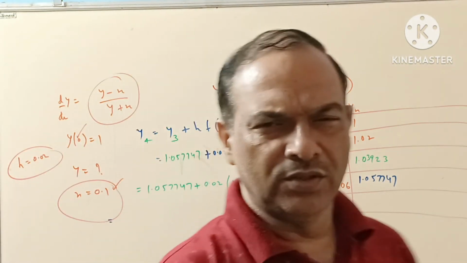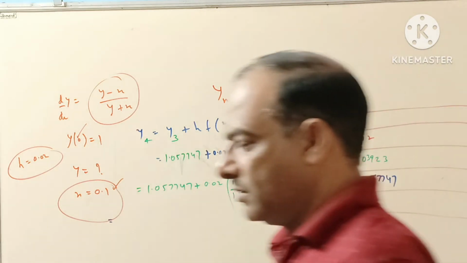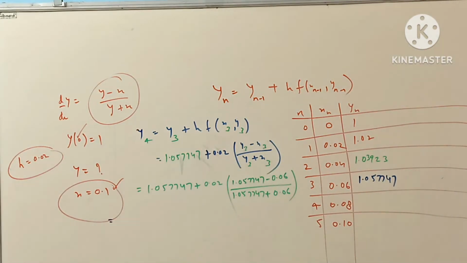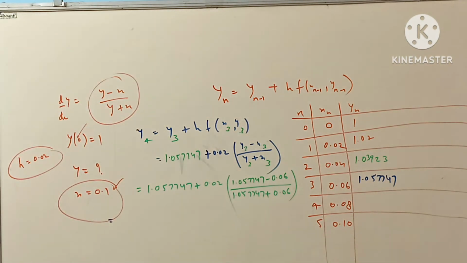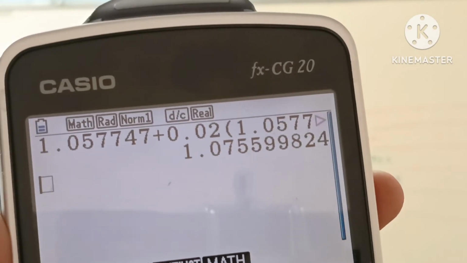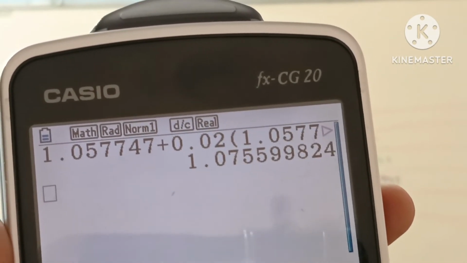and you have to use the GDC again for all these things. I am just copying it and doing it again. Okay, now do it yourself, and I am doing it here. Students, this is the value of the answer.